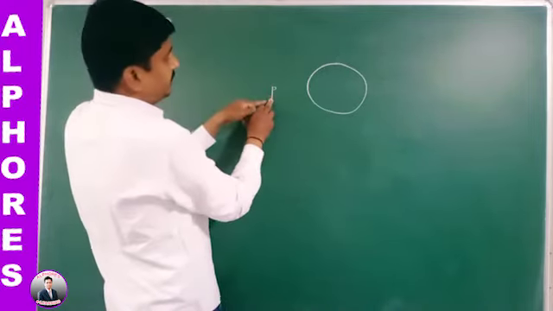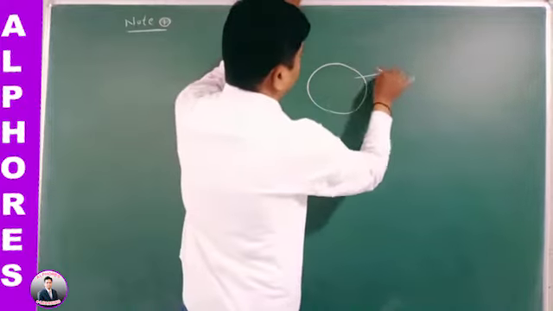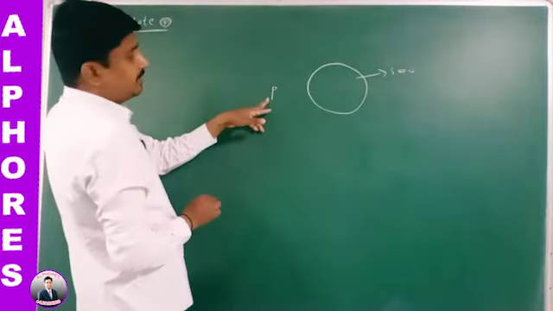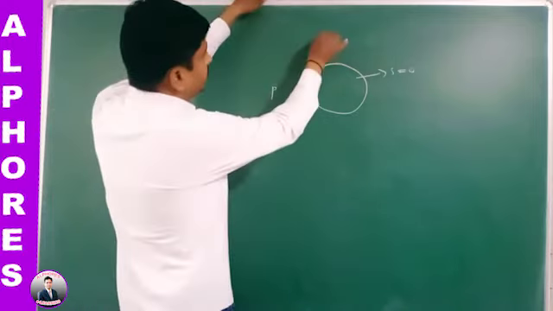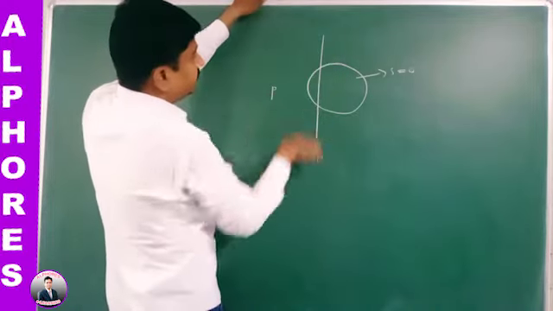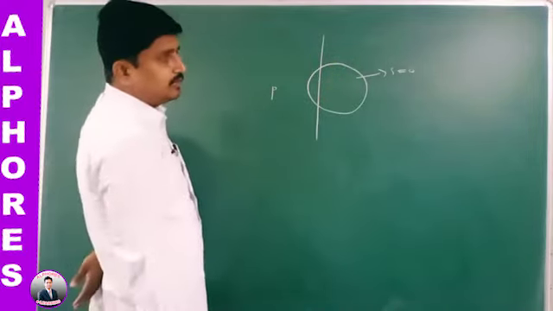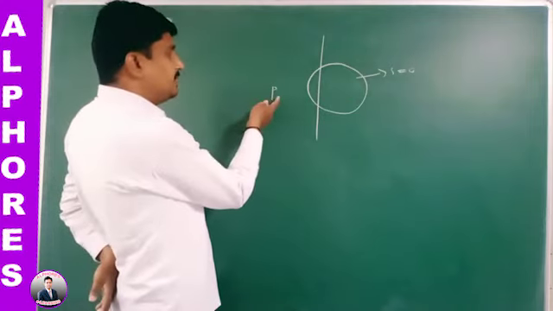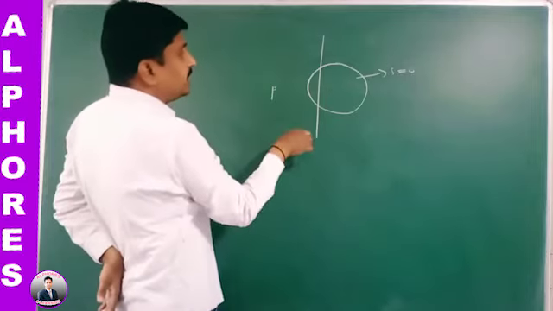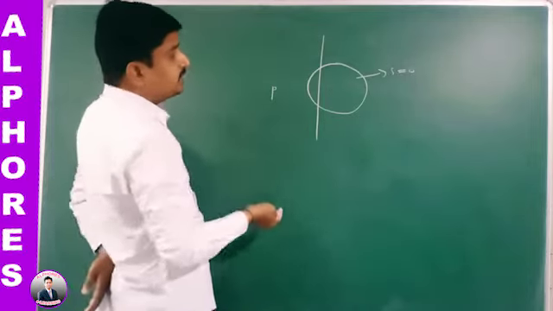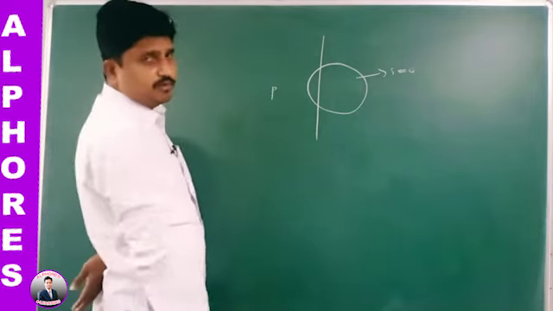If the point P lies outside the circle S equal to 0, then the polar of P is a secant of the circle. And also, when the point P lies exterior to the circle, the polar of P becomes the chord of contact of P. Here the polar of P and the chord of contact of P have the same equation, S1 equal to 0.